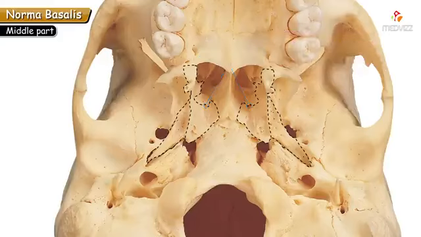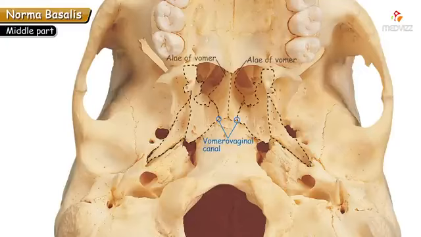Let's talk about the next foramen, that is the vomerovaginal canal, which is also a tiny foramen and lies a little posterior to the pharyngeal canal, and as the name says, it is between the vomer and the vaginal process of medial pterygoid plate. We know already the vomer, where it articulates with the sphenoid, it makes an ala.